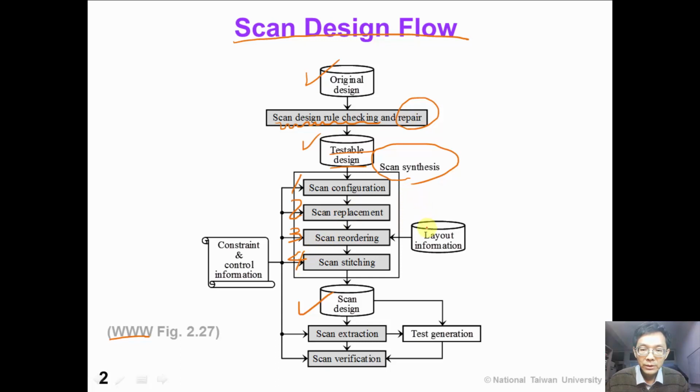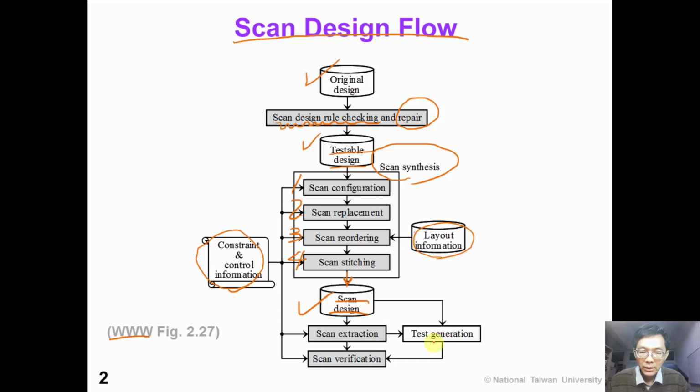During the scan synthesis, we would also need layout information from the physical design and the constraint and control information from the designer. After all these steps, we now have a scan design which has scan chain inserted into our original design.